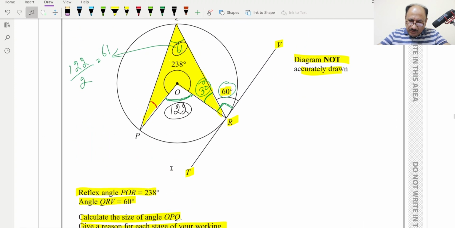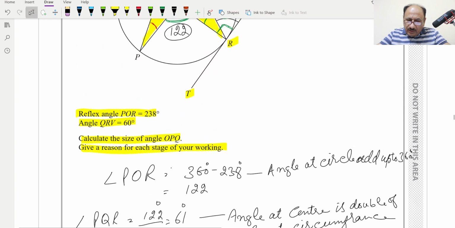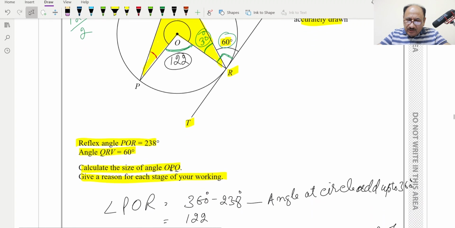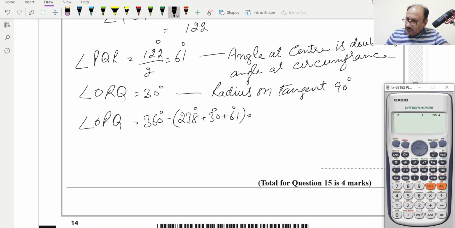So angle OPQ is equal to 360 minus (238 plus 30 plus 61) degrees, and if we calculate, this is equal to 31.